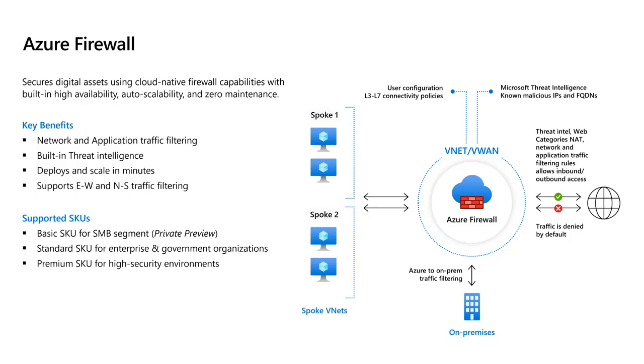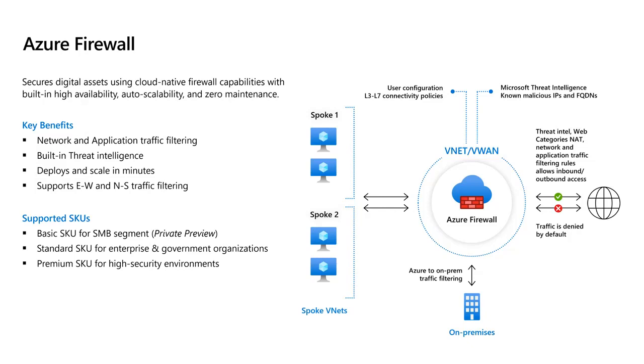So the key benefits of using Azure Firewall is, like I said, it can enforce network and application traffic filtering depending upon the rules that we configure. It has advanced features like built-in threat intelligence and IDPS, which are really important these days. And then talking about the deployment, it is very easy to deploy Azure Firewall, and it can be deployed in just a matter of minutes.